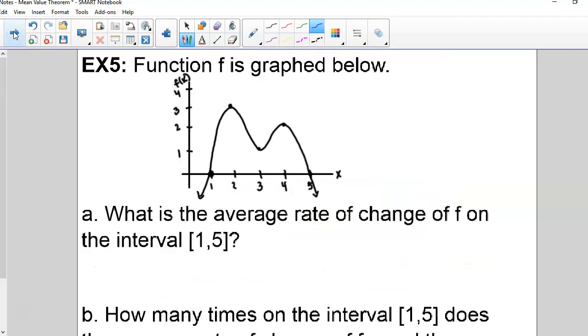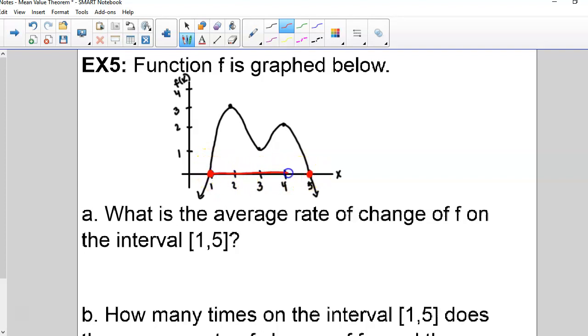All right, last one. F is graphed below. What is the average rate of change of f on the interval from 1 to 5? Okay, so if we look at our points at 1 and 5, I can see right off.